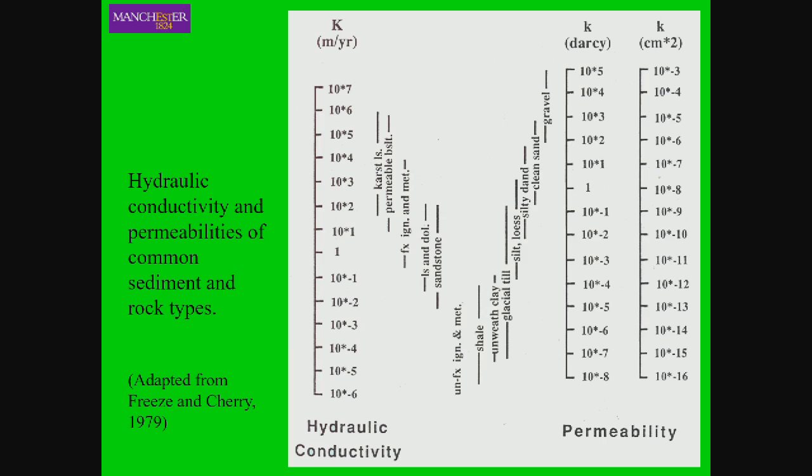So unfortunately, just like people talking different languages, hydrogeologists use different units. And when you read stuff, you have to be aware different hydrologists use different units, and you have to be able to translate between them. So you can see roughly what the equivalence is from that.